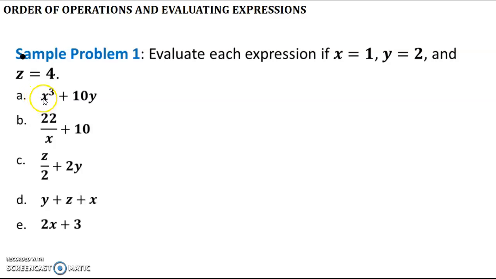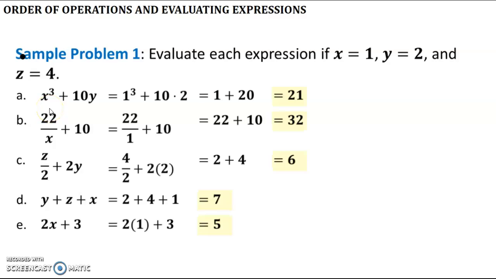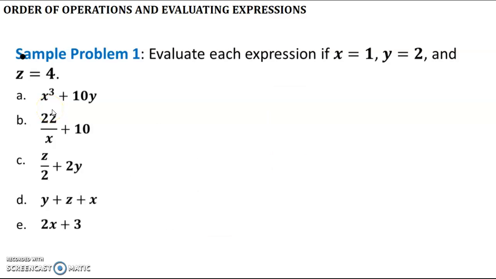So again, you have 1 cubed plus 10y. 1 cubed, again, is 1. And then 10 times 2 is 20. So you're going to add 1 plus 20, and you're going to get 21. So that's what that would equal.